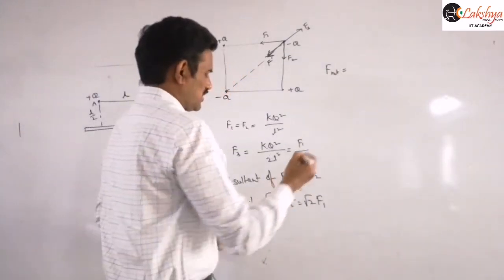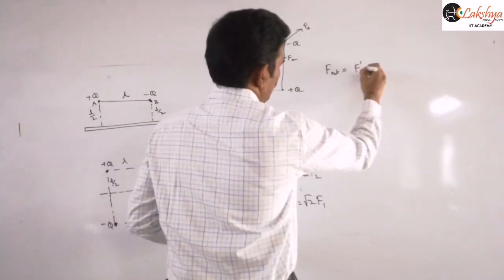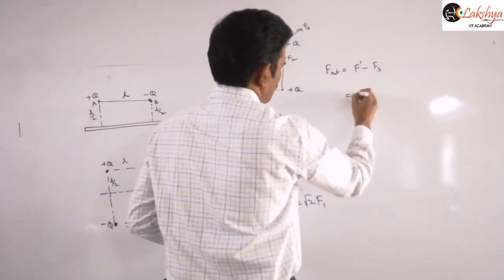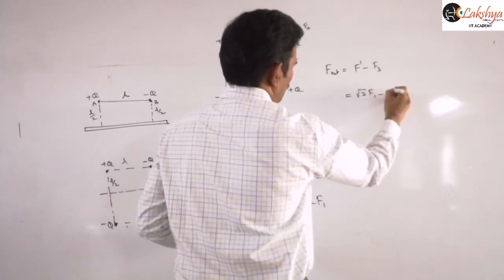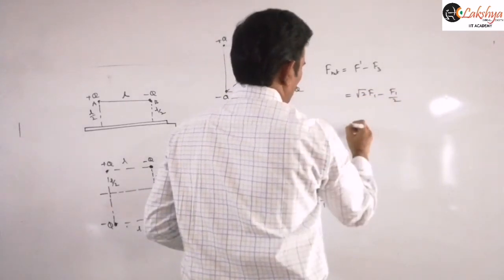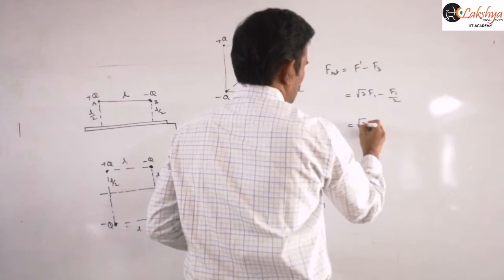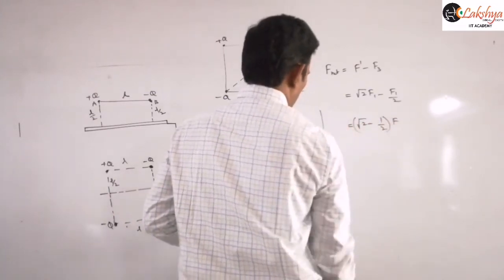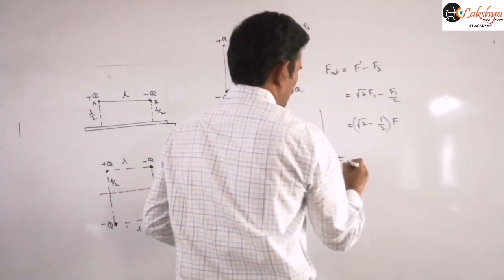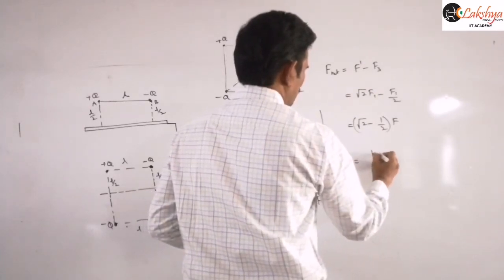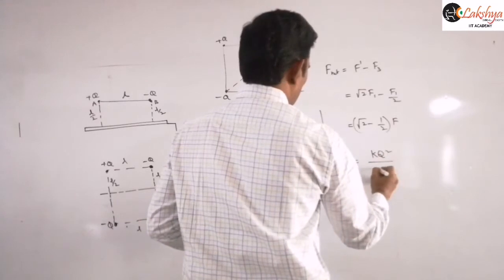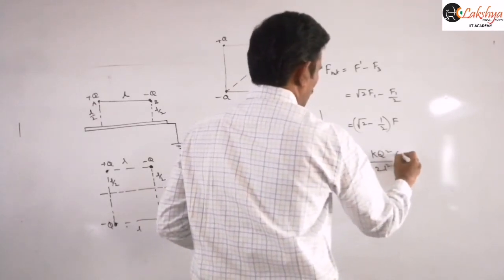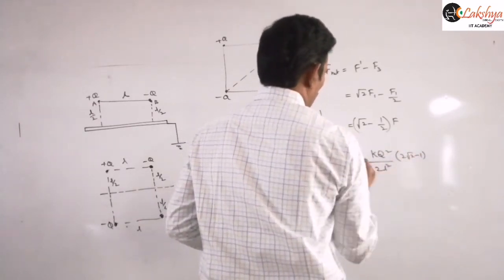Therefore the net force I can write as F dash minus F3, so root 2 F1 minus F1 by 2. Then I can write this as (root 2 minus 1 by 2) into F1. Therefore finally we can write this net force as kq square by 2L square into (2 root 2 minus 1).